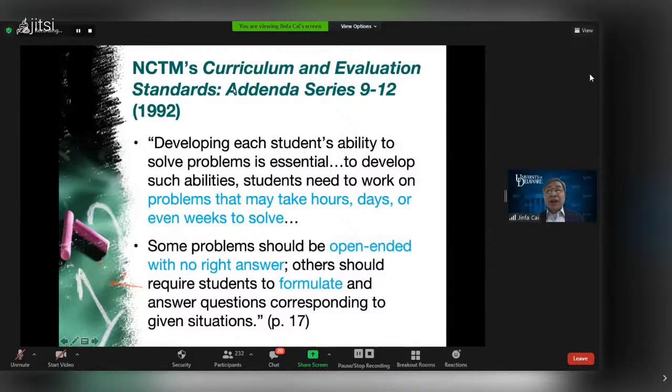This addenda series was trying to publish a set of materials which would make it easier for teachers to implement the 1989 Curriculum and Evaluation Standards. In particular, those addenda call for problem posing.